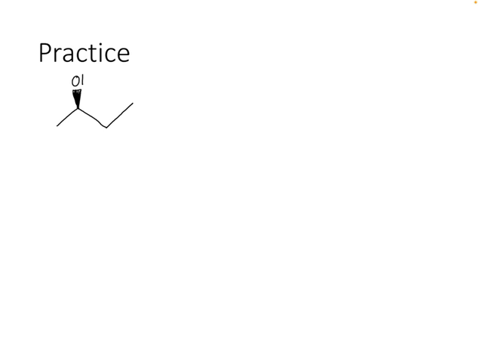So we have an OH group on a butane chain, and it's in a wedge position. But let's say that we want to convert that into a thiol group, so a sulfur attached to a hydrogen. How would we do that?